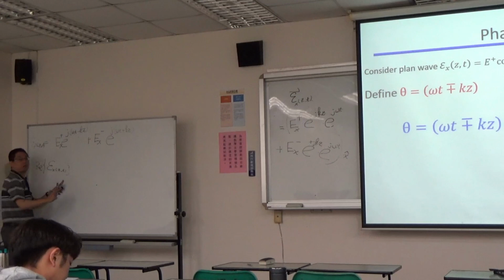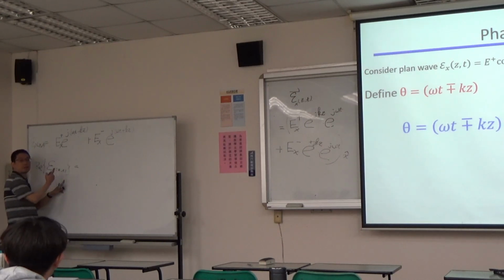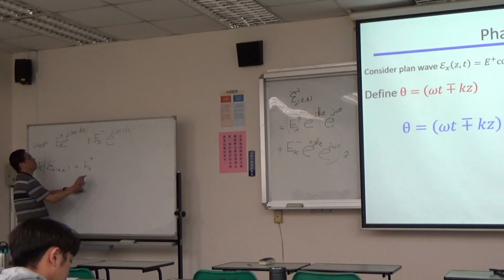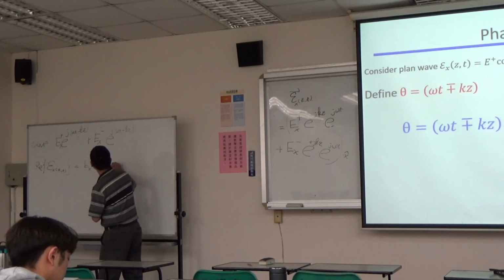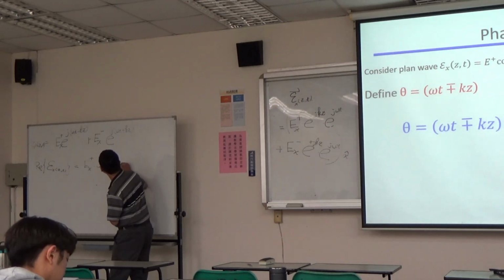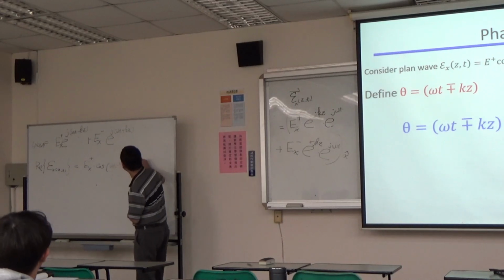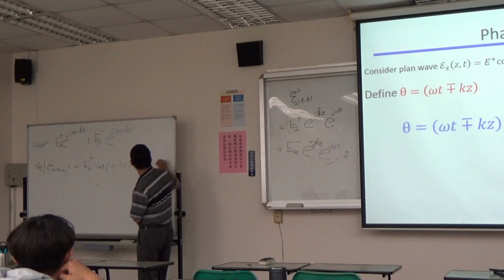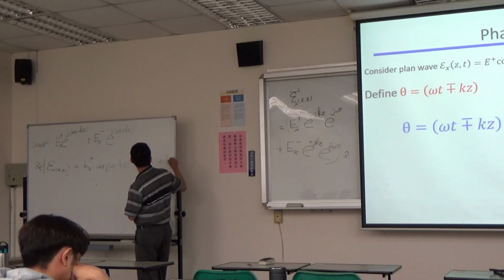So this equals EX positive multiplied by cosine omega T minus KZ, plus EX minus cosine omega T plus KZ.